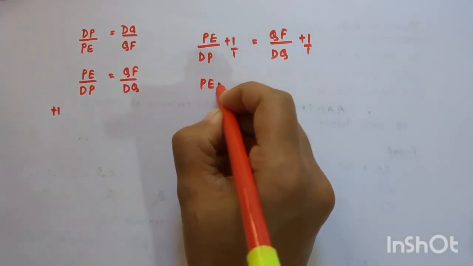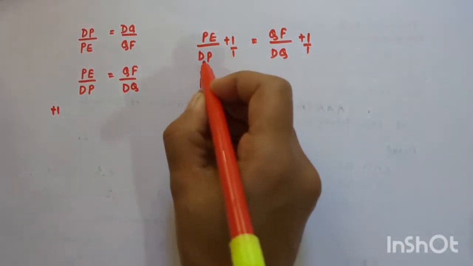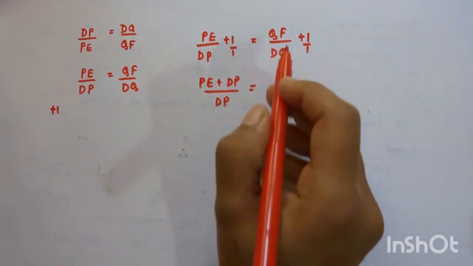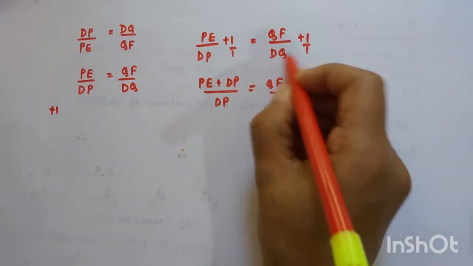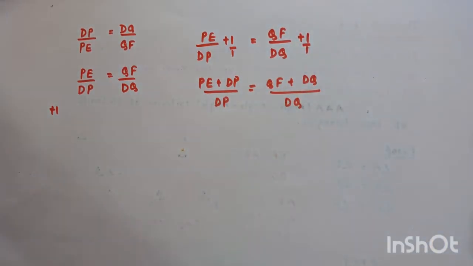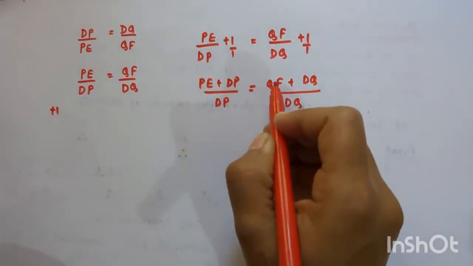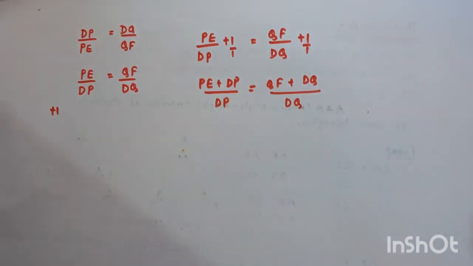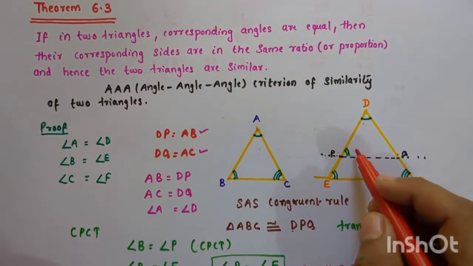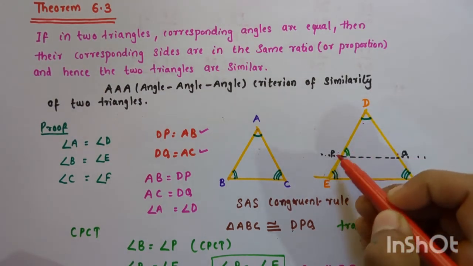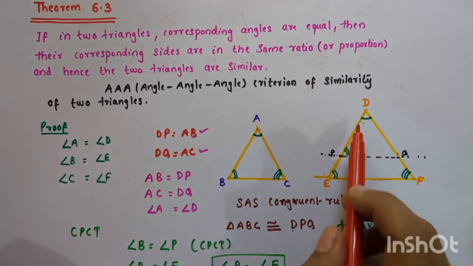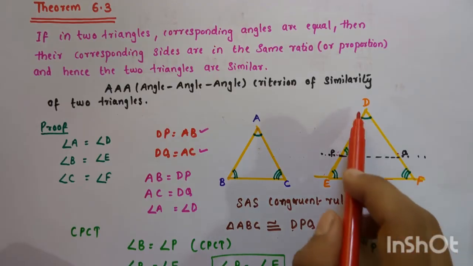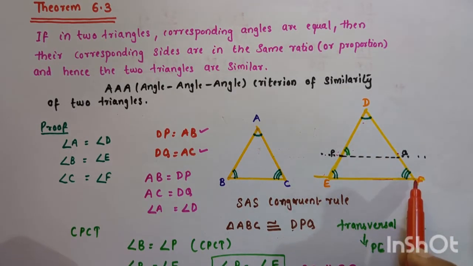PE into 1 is PE, plus DP into 1, DP, divided by DP into 1, DP, is equal to QF into 1, which is QF, plus DQ into 1, DQ, divided by DQ into 1, DQ. Now you see, what are PE plus DP and QF plus DQ? In this figure, PE plus DP is equal to this side DE, and DQ plus QF is equal to this side DF.